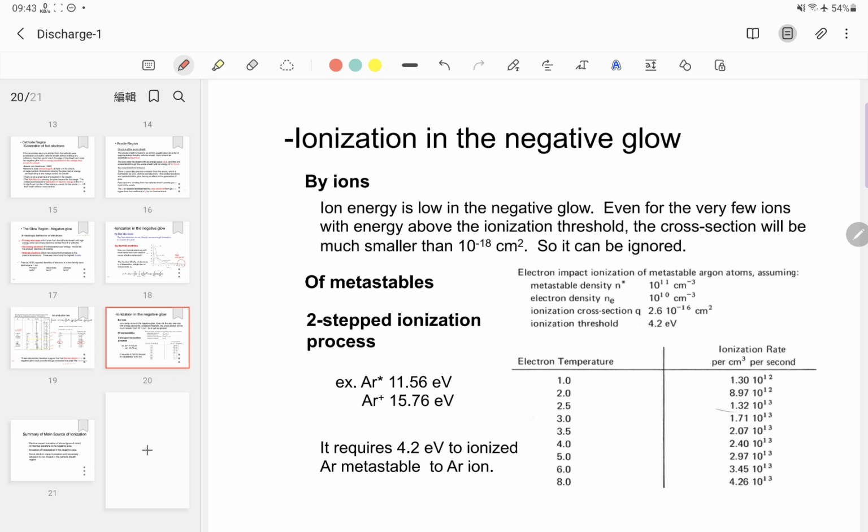So for ion impact ionization, the cross-section is very small, so this part can be ignored.